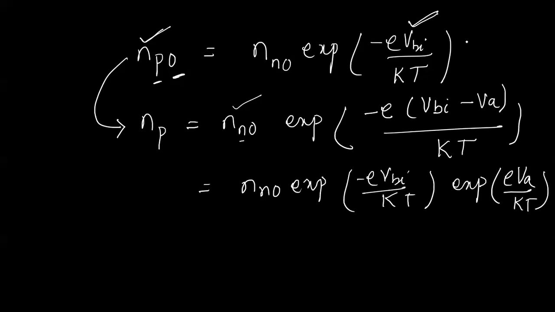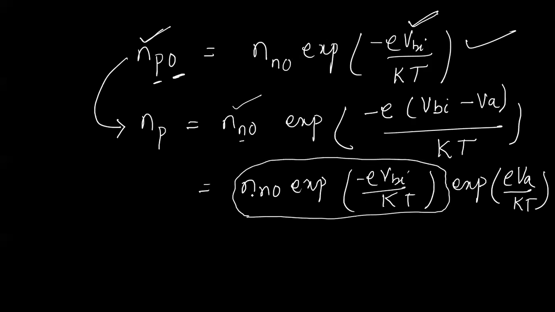So let us use the first equation that we wrote, np0 equals nn0 exponential of minus EVBI by KT. This is what we got over here. This whole thing can be substituted and written as np0, the minority electron concentration in the p region in thermal equilibrium, multiplied by the exponential of the rest of the term, EVA by KT.